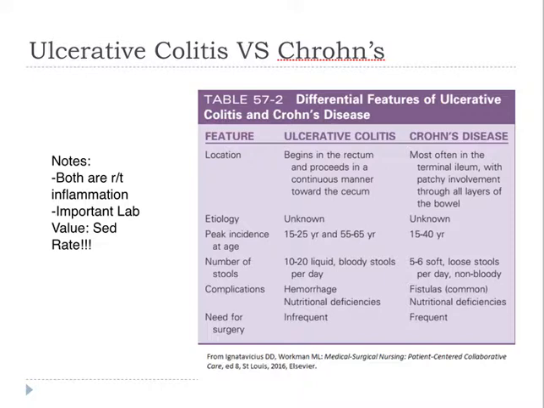And the pain is most commonly in the left lower quadrant. Contrast that with Crohn's disease. It is usually patchy inflammation, and you don't have the bloody stools. And the pain is typically in the left lower quadrant.